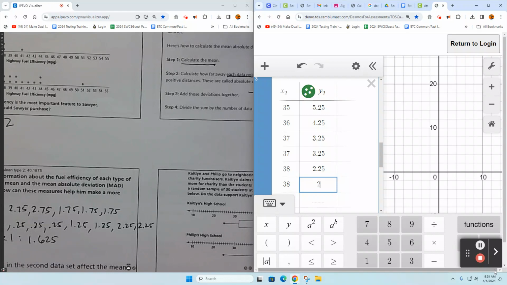Does it seem easier to do it here? Nope. Is that right? 0.75? Oh, yeah.